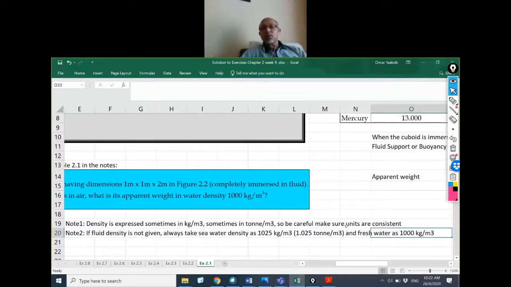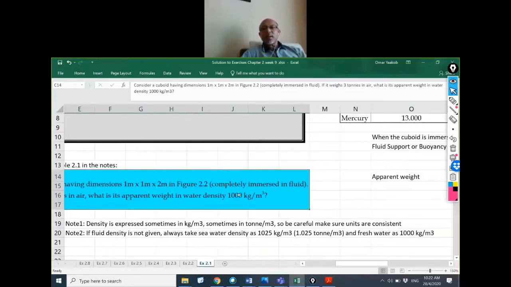So make sure units are consistent. Like this is expressed in 1,000 kilogram per meter cube. So when you do the calculation, meter cube cancel, you get 1,000. You get kilogram, the unit. But if you use ton, then you have ton per meter cube, in this case 1 ton per meter cube. So when you cancel out, the unit should be in ton.